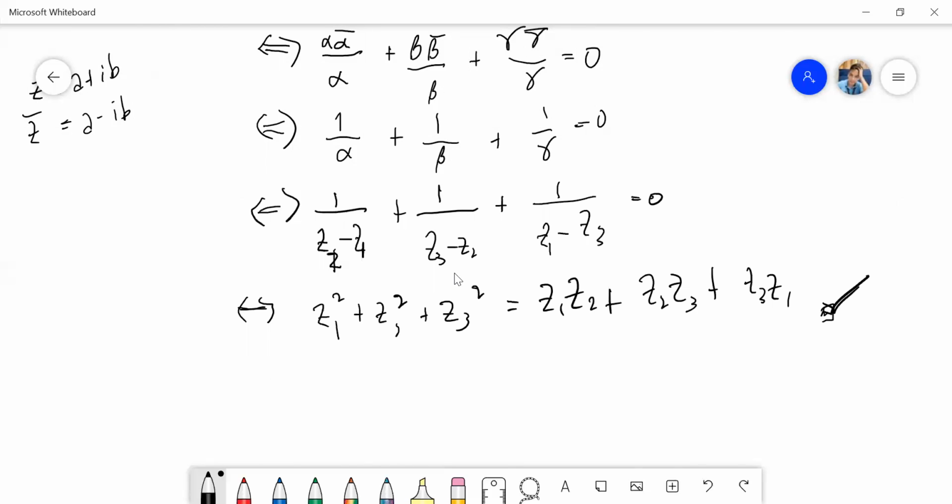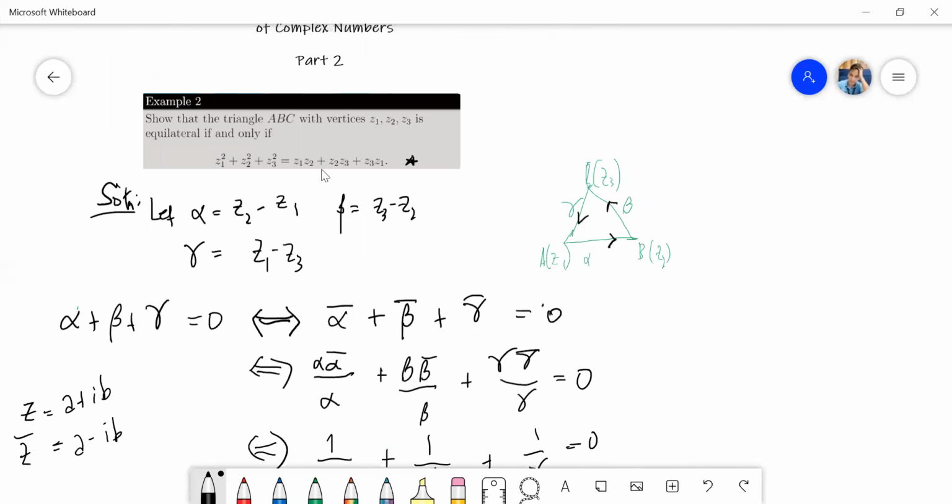Conversely, we're going to solve the backward direction. So let's go back to the claim here. Starting from here, you would be able to arrive at the conclusion that the triangle is equilateral.